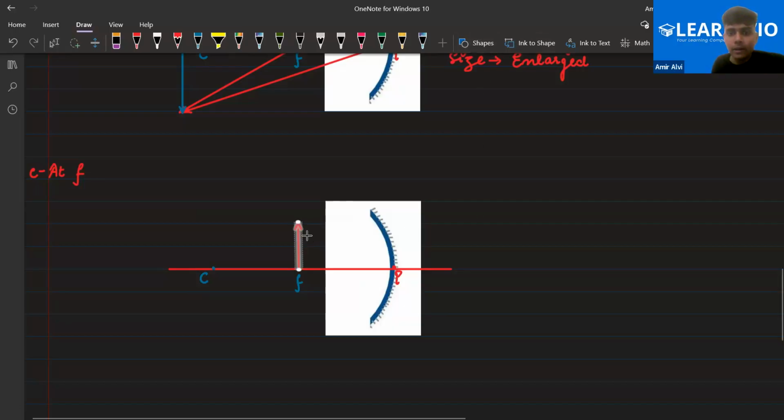The first ray will be parallel to the principal axis, and it will pass through the focus. Clear, all of you? Second ray will strike the pole, and it will reflect back with the same angle.